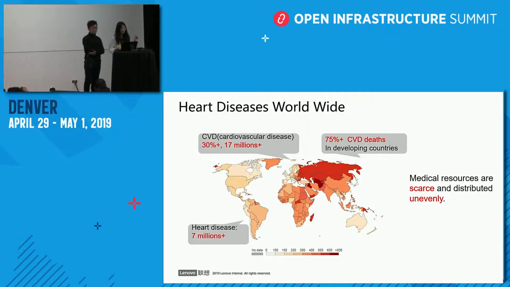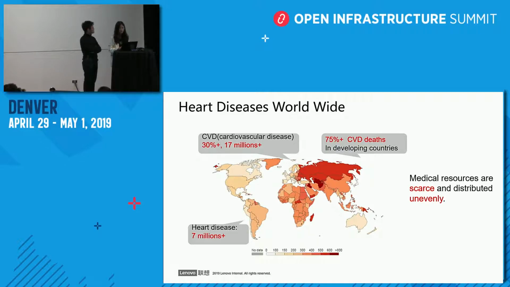In 2015, over 30% of global deaths were due to CVD, leading to over 70 million deaths, which is a global health burden. Of those deaths, over 7 million were caused by heart disease, and more than 75% of CVD deaths were in developing countries.